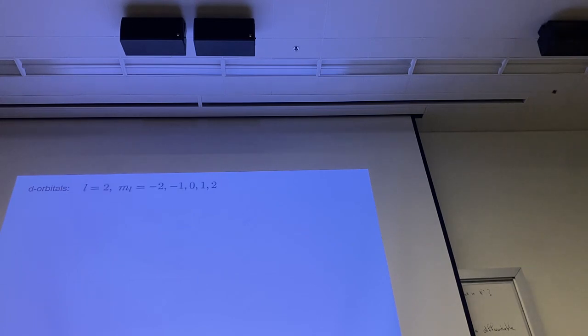True story. What is the definition of a d orbital? It's simple. It's L equals 2. Any wave function that has L equals 2 represents a d orbital. There's 5 possibilities because ML runs from -2 to +2 in integer steps.